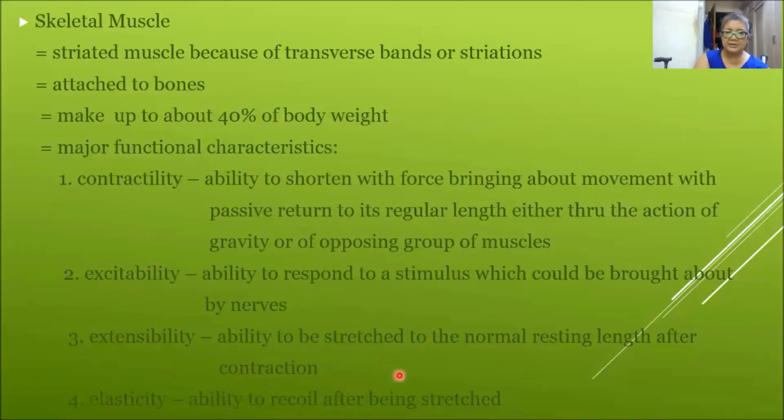It has the ability to stretch to the normal resting length after contraction. So it will return to the normal resting length. When it is stimulated, it will respond to a stimulus by contracting. But the stretching will be checked so that there will be no over contraction of the muscle.